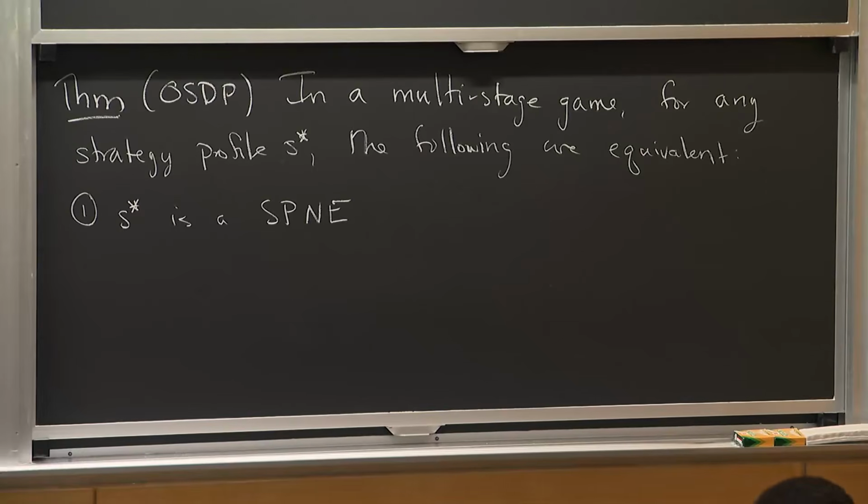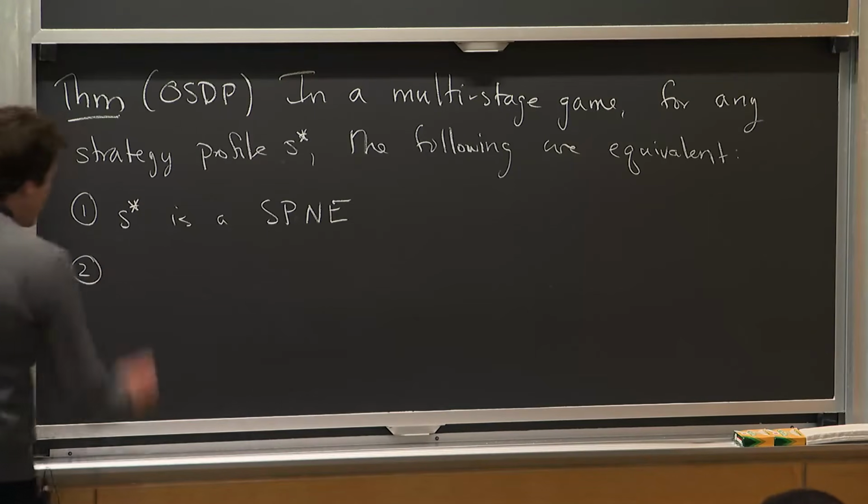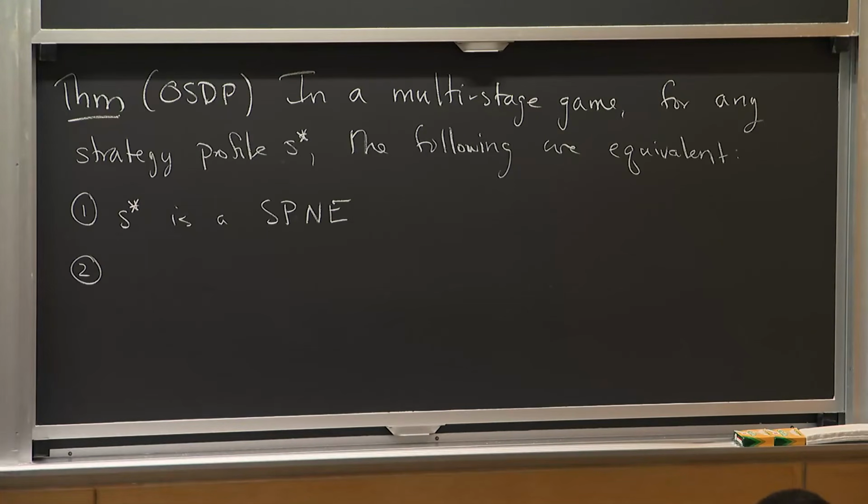You give me a strategy profile S star. We want to understand, is this strategy profile a subgame perfect Nash equilibrium? Now, before we really do anything, let's just understand the definition of a subgame perfect Nash equilibrium. The first step is going to be pretty easy. I just need to apply the definition to this specific multi-stage game.